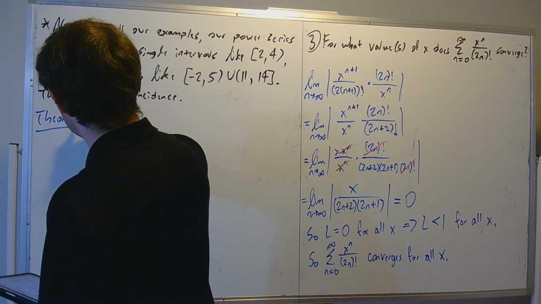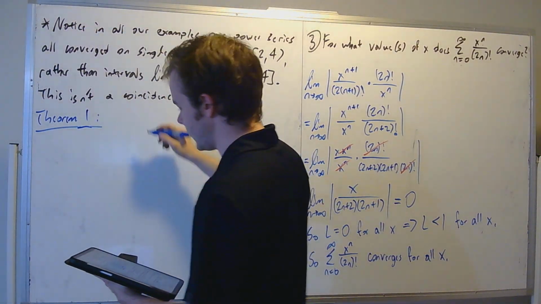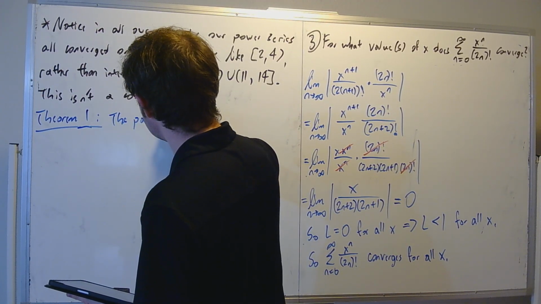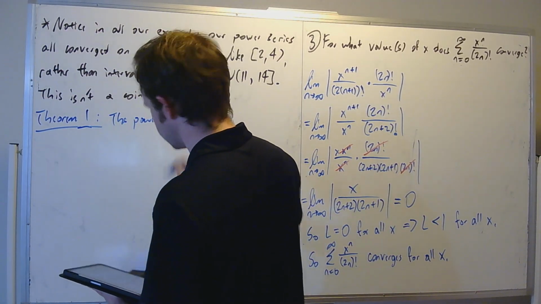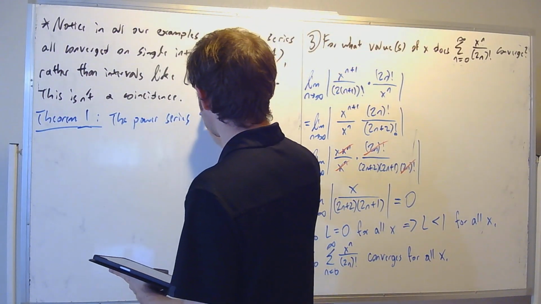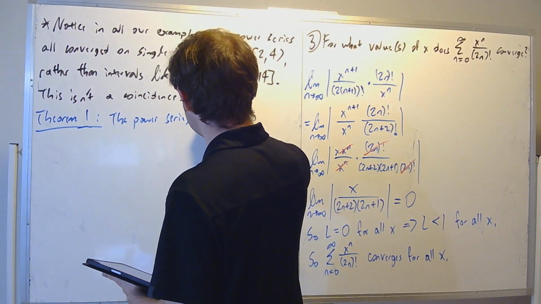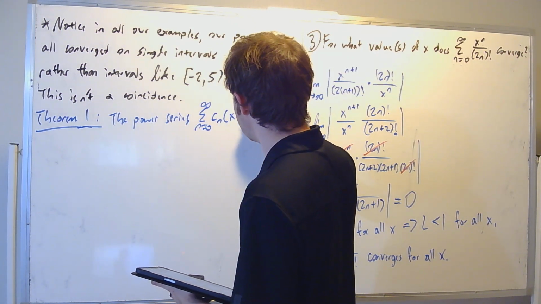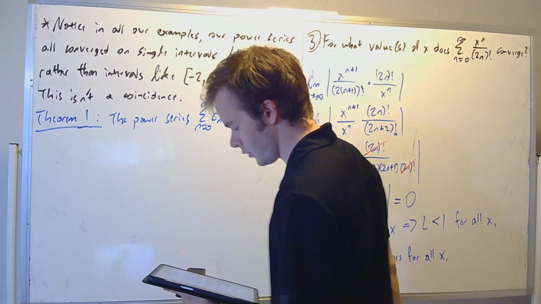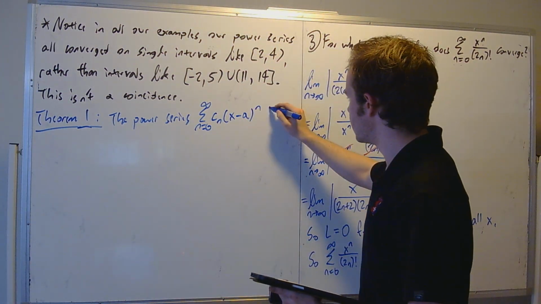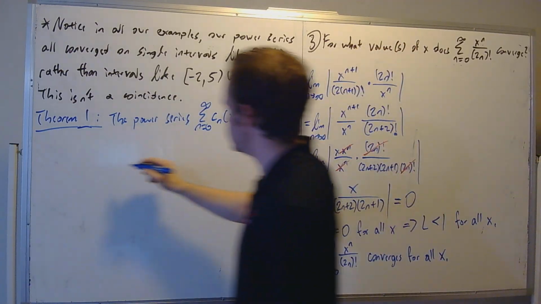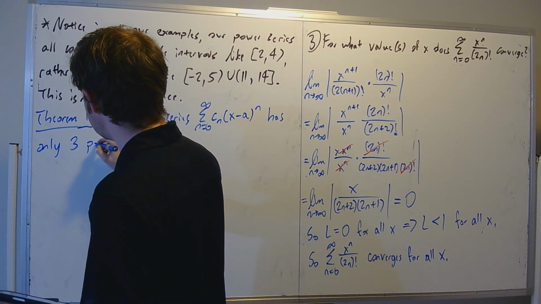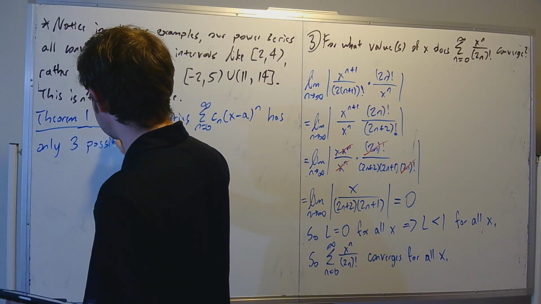But Theorem 1 is going to say the power series, so we're going to have the sum from n equals 0 to infinity of Cn times x minus a to the power of n, has only 3 possibilities.